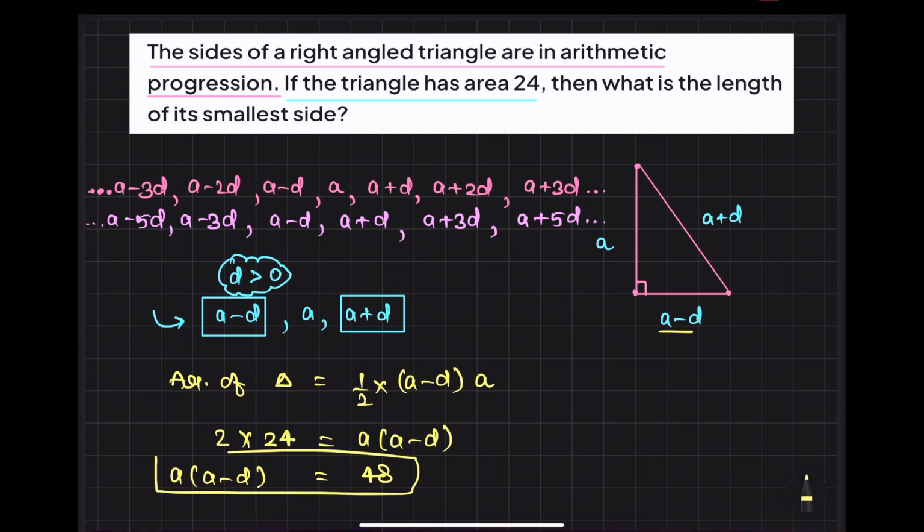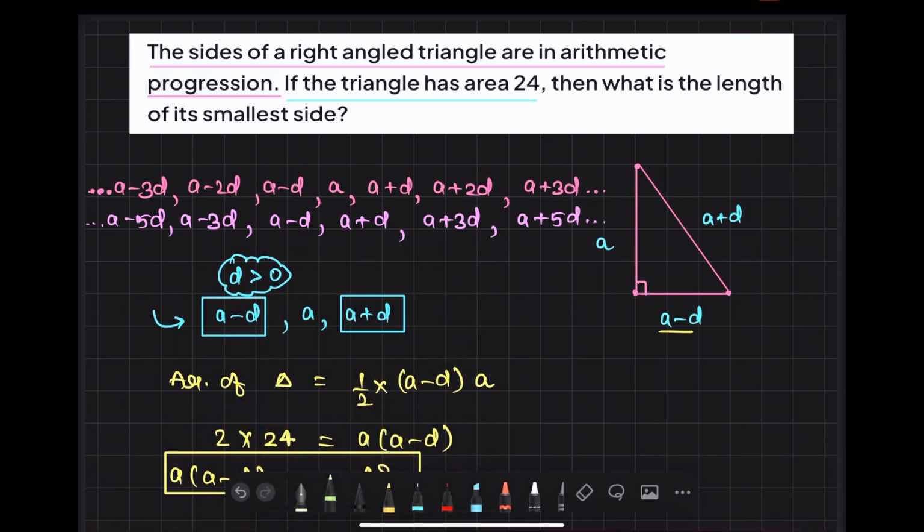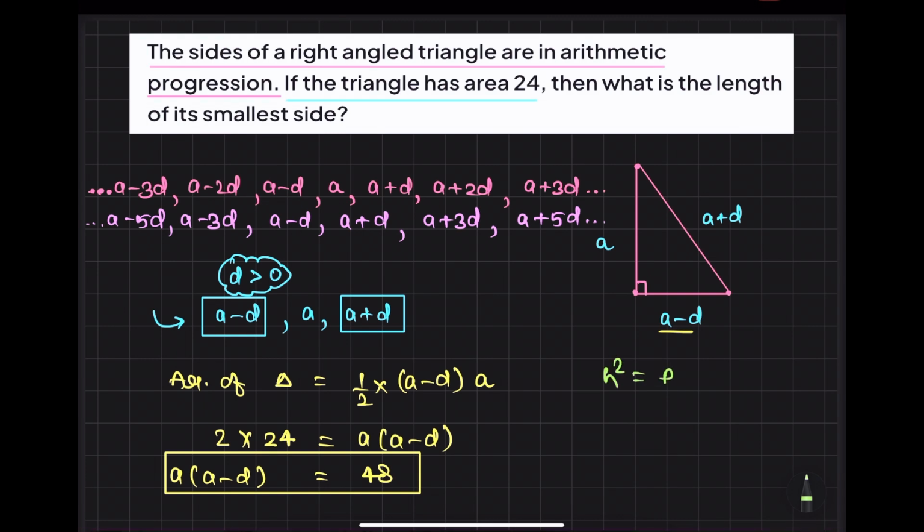So we got this equation, meaning we have one equation with two variables. So we need one more equation. To solve for the variables we need the same number of equations, so we have to apply some other logic. In this question they are talking about a right angle triangle, so we can apply the property of a right angle triangle. That is, hypotenuse square equals perpendicular square plus base square. So hypotenuse is a plus d whole square, then a square plus a minus d whole square.